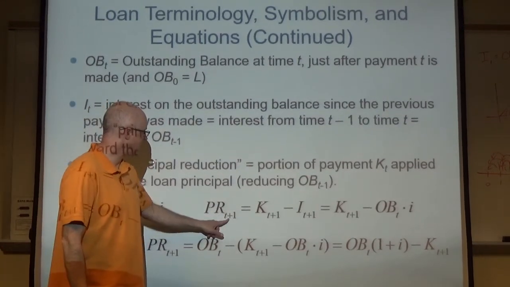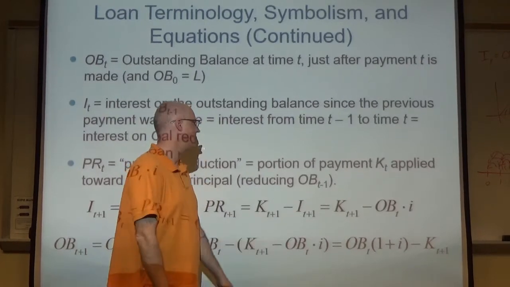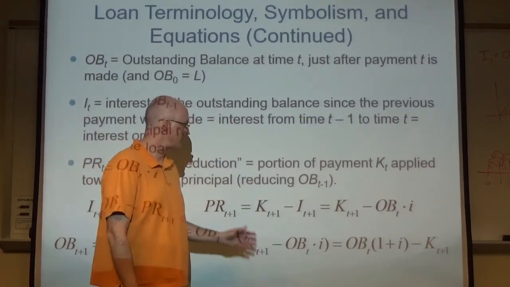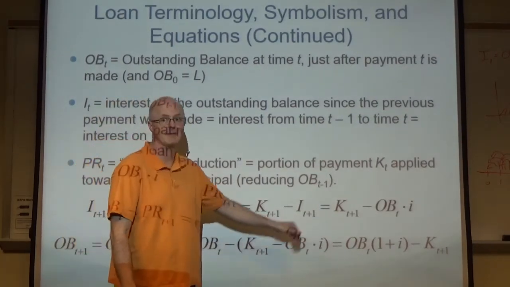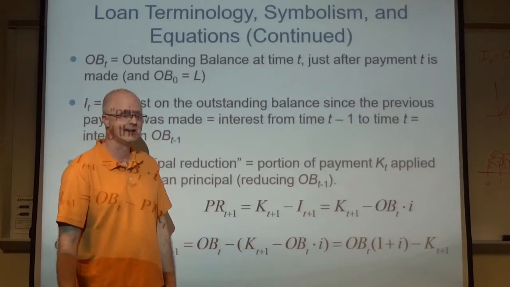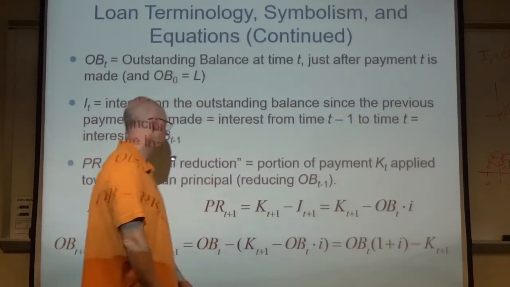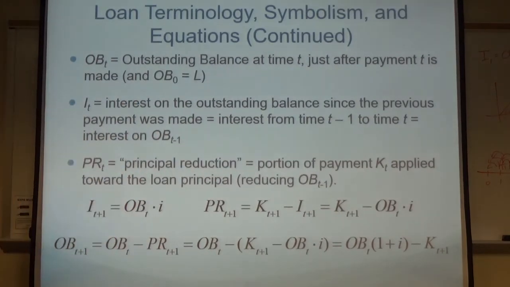Principal reduction at time t plus 1 is the total payment at time t plus 1 minus the amount that goes to interest. Typically, K is bigger than i, so typically this is a positive quantity, but there actually are some situations where K is not bigger than i, and this could be a negative quantity. And your balance then would actually go up over time. That can be simplified by using this equation to what you see on the right there.